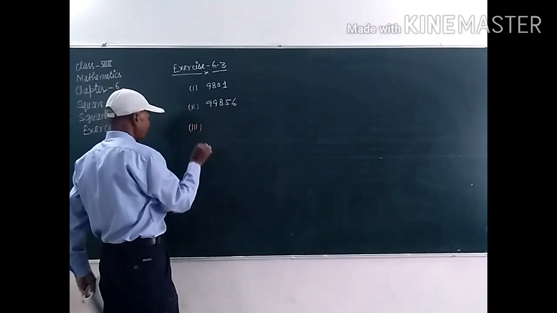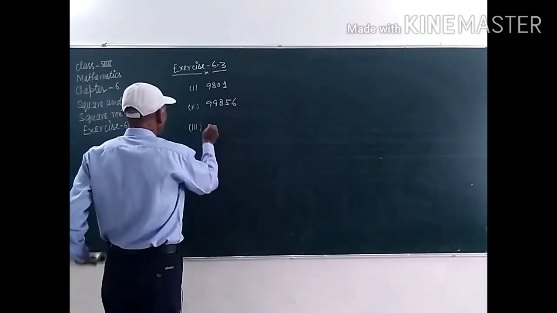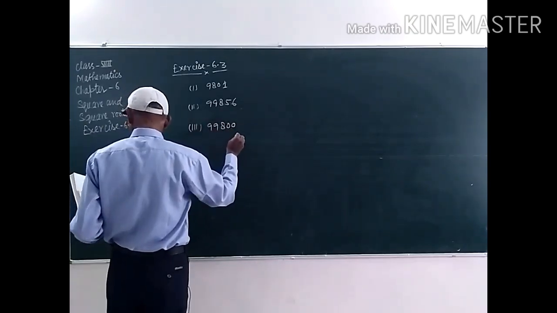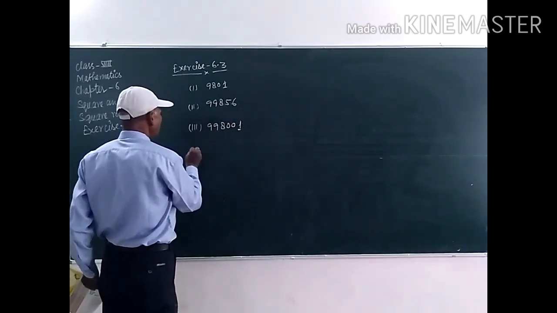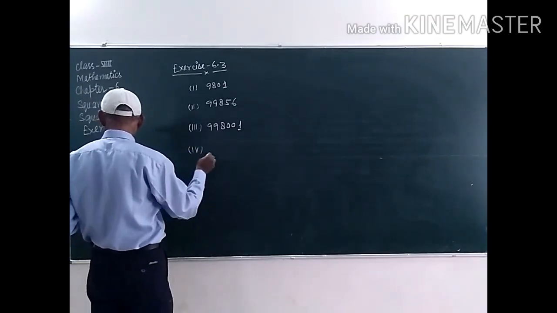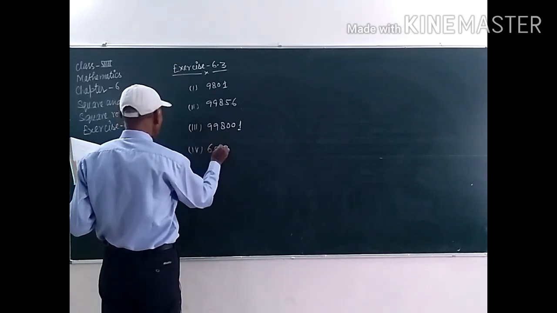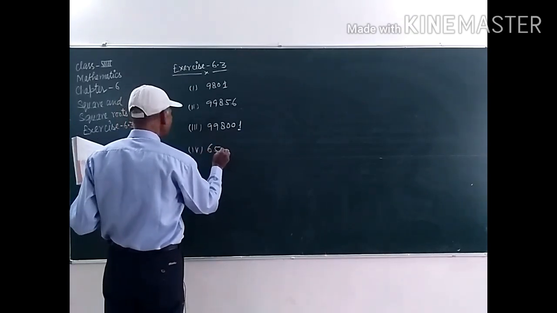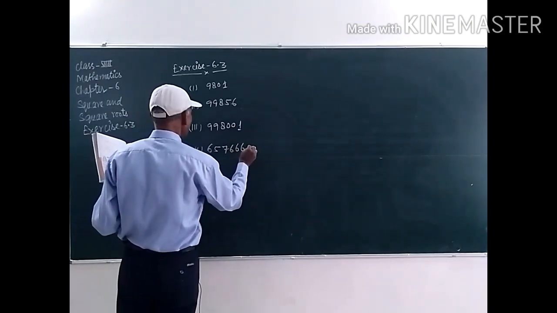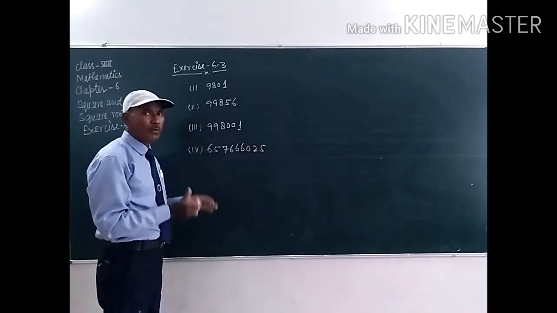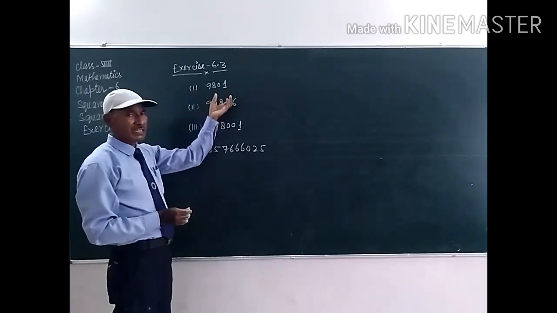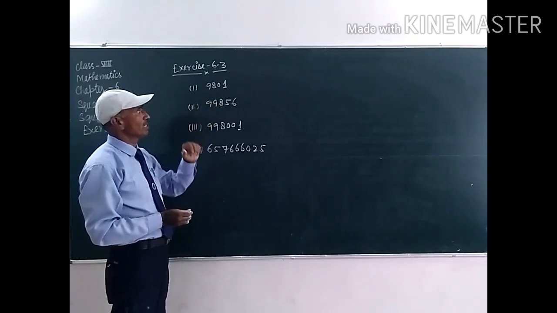Third number is 99801, and fourth number, the last number of question number first, is 65766025. Now we have to find out what will be the unit digit in the square root of this number.